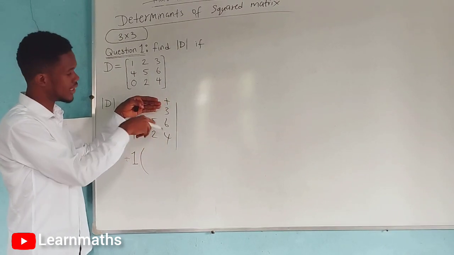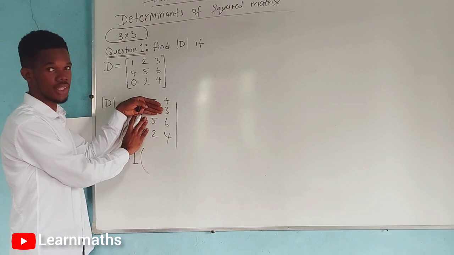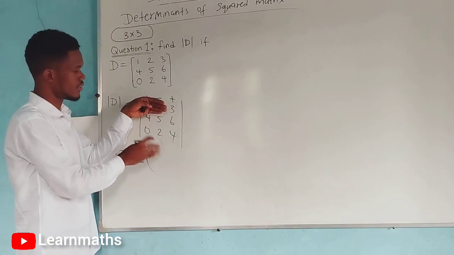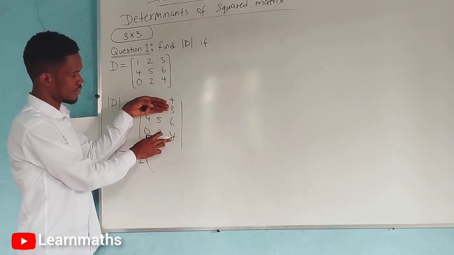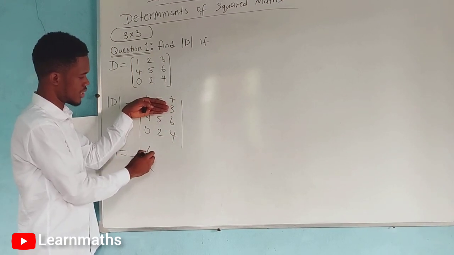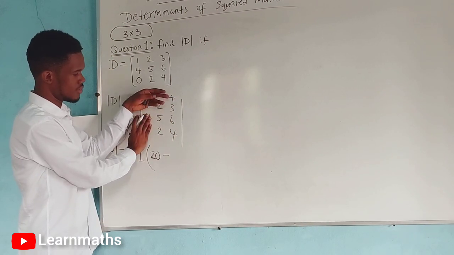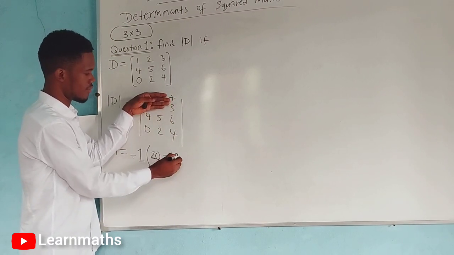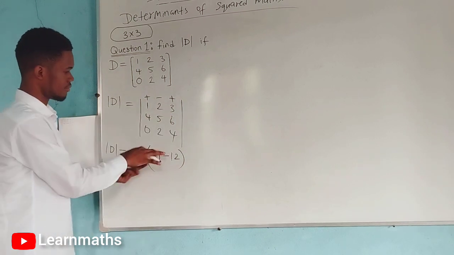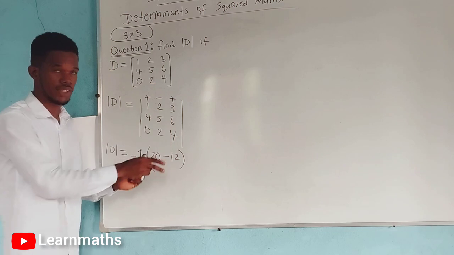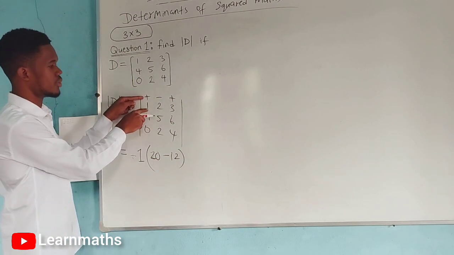So now we're going to find the determinant of that smaller matrix. That's the right diagonal minus the left diagonal. So 5 times 4, that's 20, minus 6 times 2, that's 12. You understand? That's the smaller 2 by 2 matrix. Now that's for this positive one.